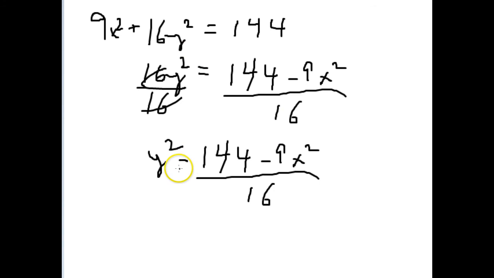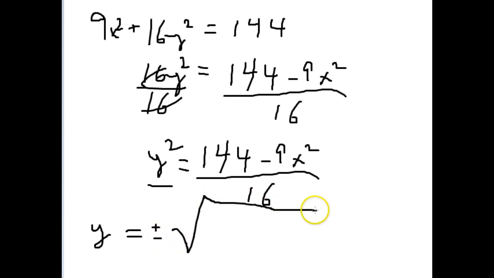Equals. And now to get y alone, I take the square root of both sides. Now, you know that when you take the square root of both sides of an equation, you get plus and minus. So it's really plus or minus square root of all this jazz. But remember, we're not doing this to find y everywhere.